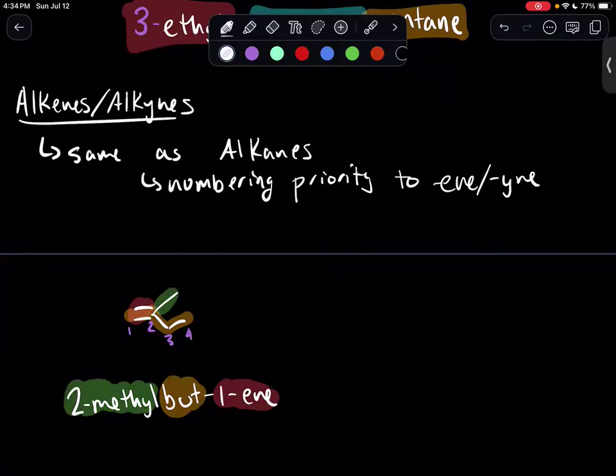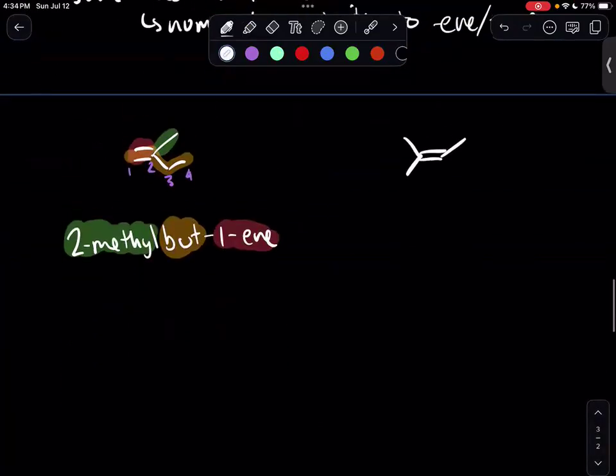If we were to change the configuration here to this, we still have our parent chain containing the double bond, and this is still 2-methyl. It could be 3 if we count backwards, but we want it to be lowest.